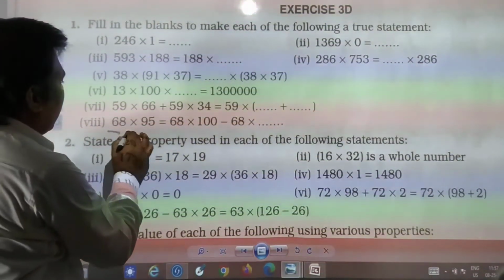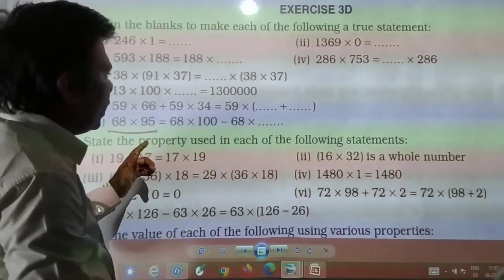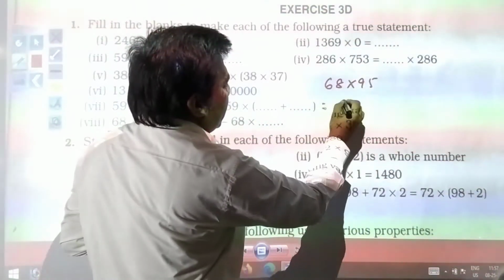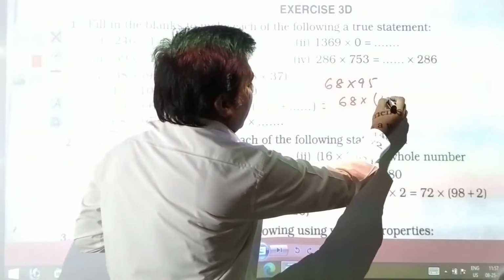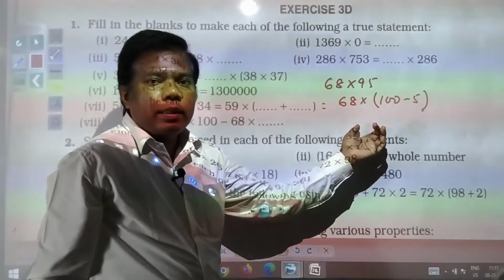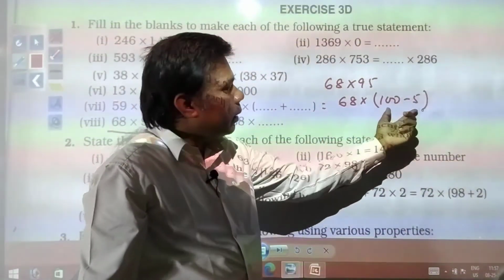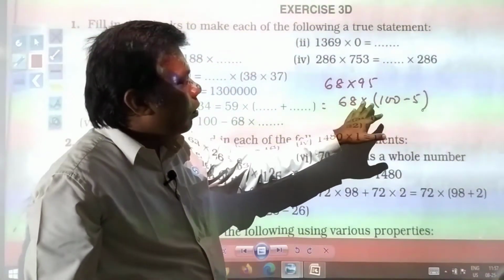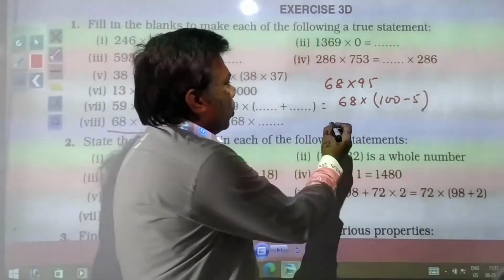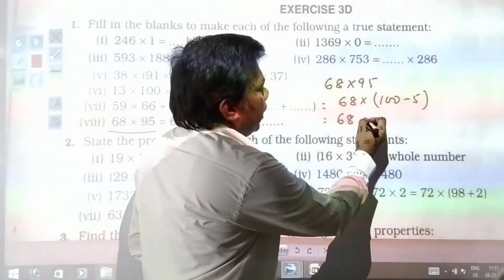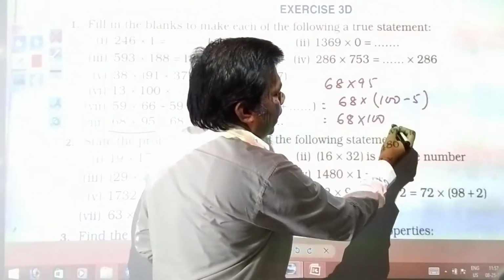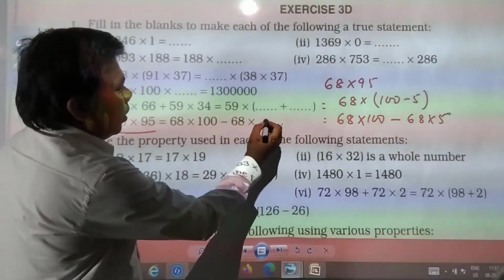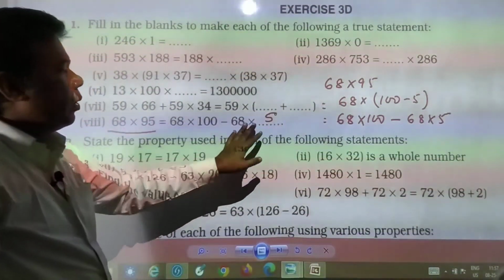The distributive law over subtraction is required to be applied. 68 into 95 can be written as 68 into (100 minus 5), since we have written 95 this way. Which law will be applied? The distributive law over subtraction. So here you see 68 into 100, minus sign, minus 68 into 5. So here your number will be 5. This will be your answer.